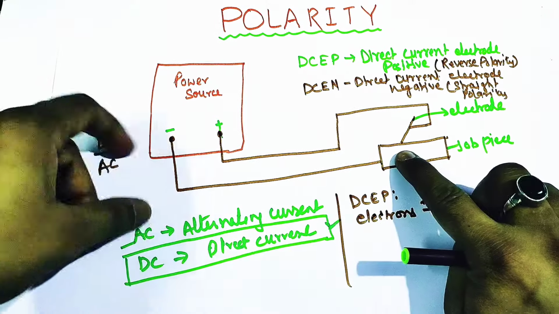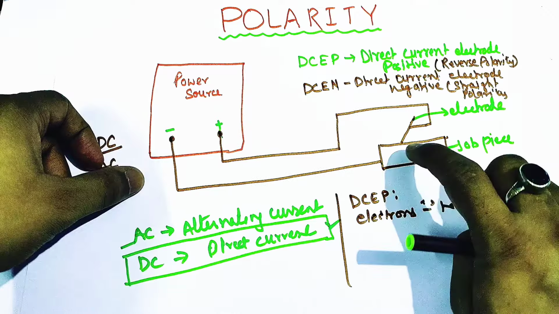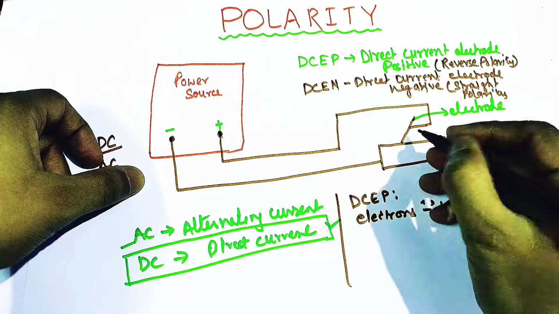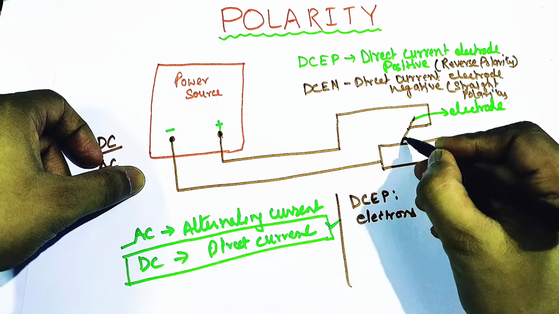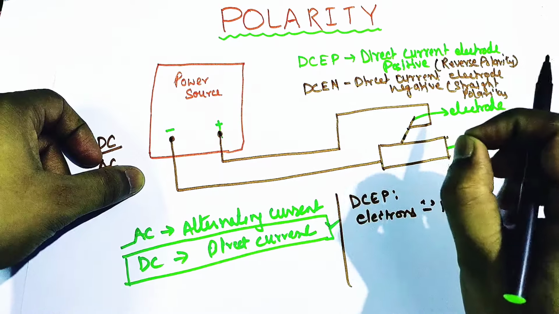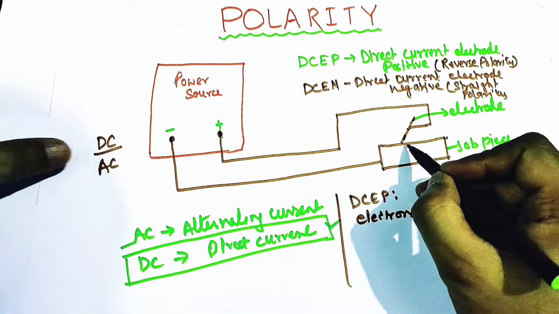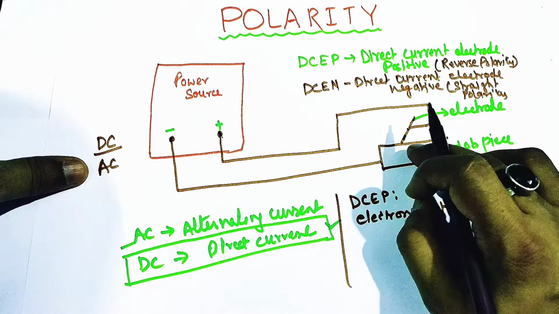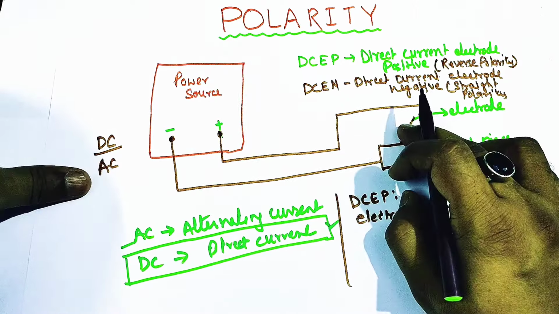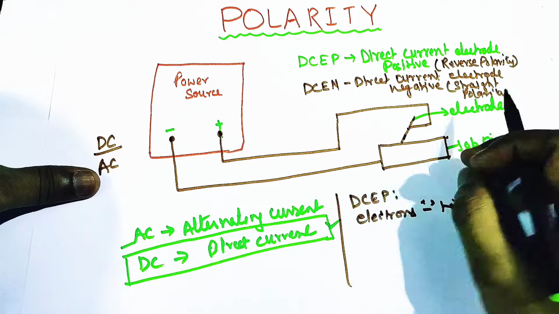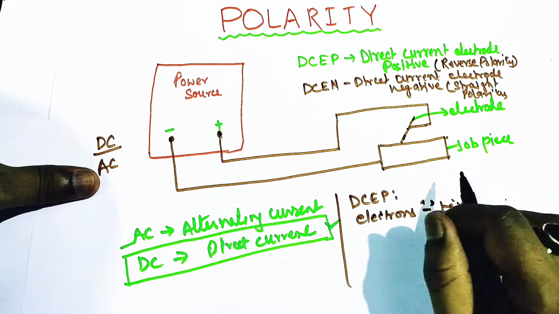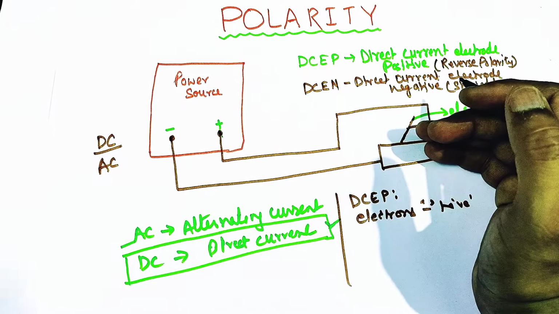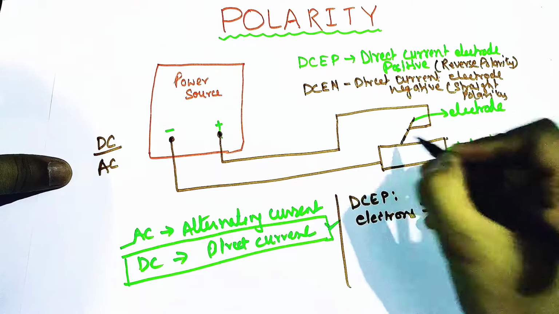Means this workpiece is connected with the negative terminal, hence the electrons will flow from job piece to the electrode. The electrode will not touch the job piece, it will remain at some distance, there will be some gap between the electrode and the job piece. Hence the electrons will move from job piece to electrode with very high kinetic energy and strike the electrode, and high heat is generated at the tip of the electrode.